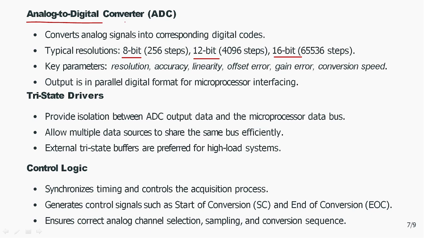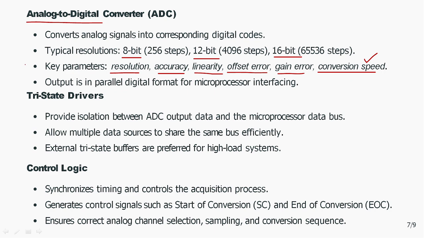Then the key parameters of this ADC are resolution, accuracy in conversion, linearity, whether it is working linearly or not, and offset error. This offset error must be minimized for ADC conversion. Then gain error and conversion speed, how much time it will take to convert from analog signal to digital signal.